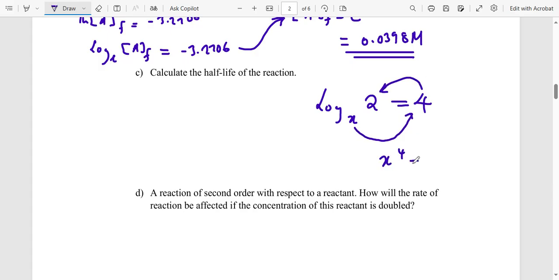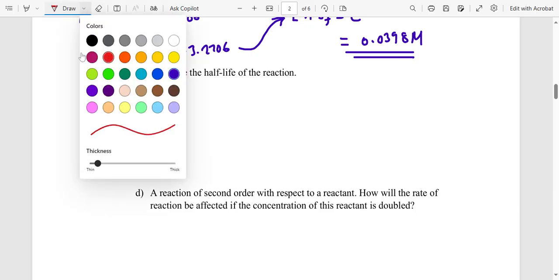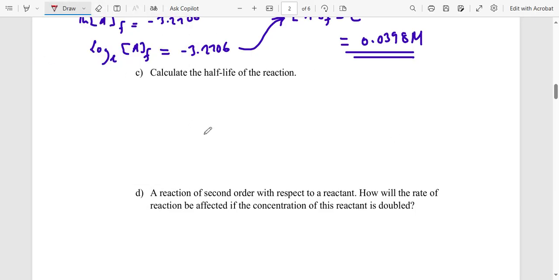So it means that 2 is equal to x to the power 4, and then you can solve for x. Is it okay on converting the log?